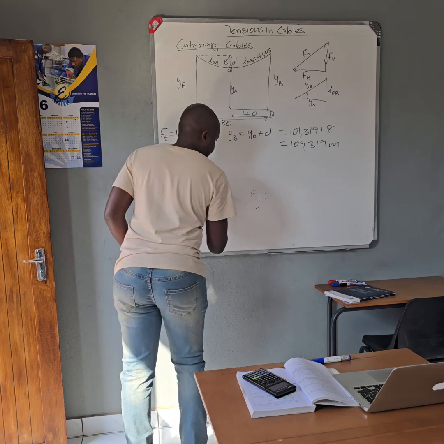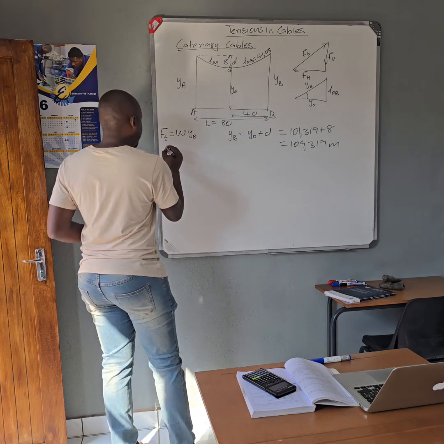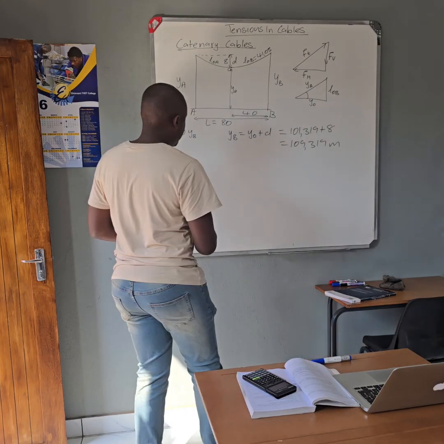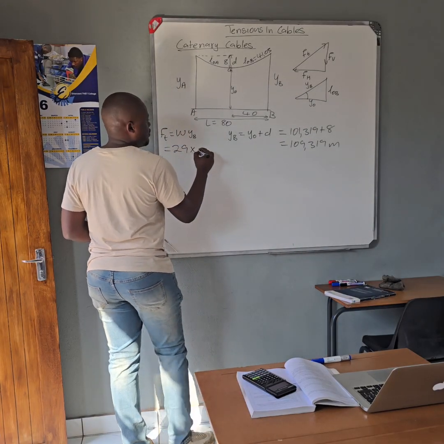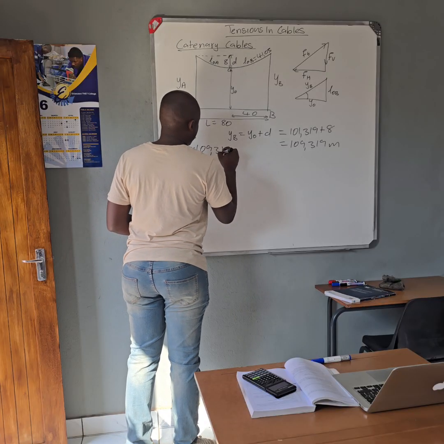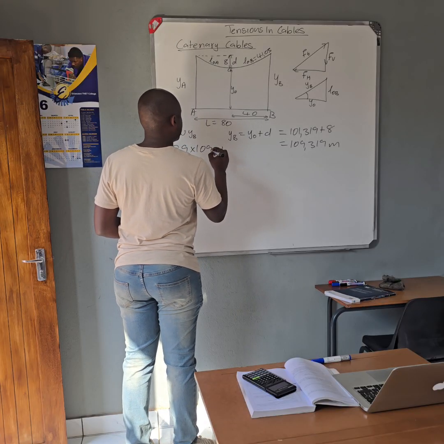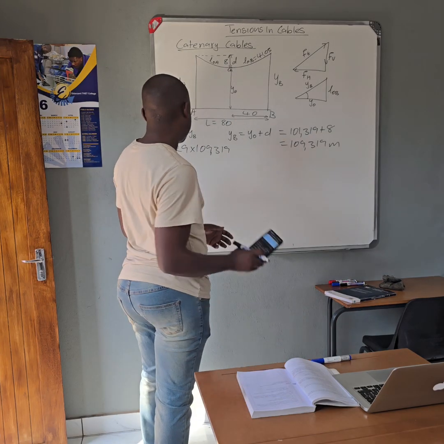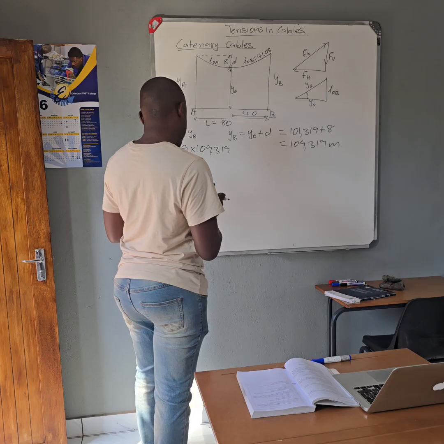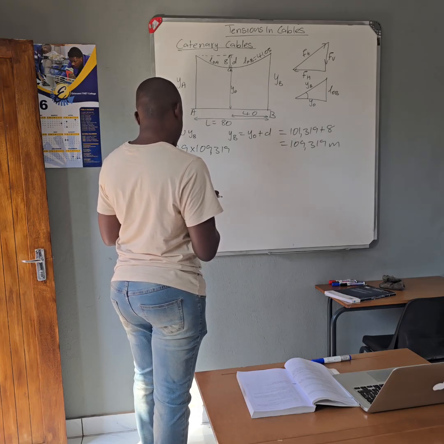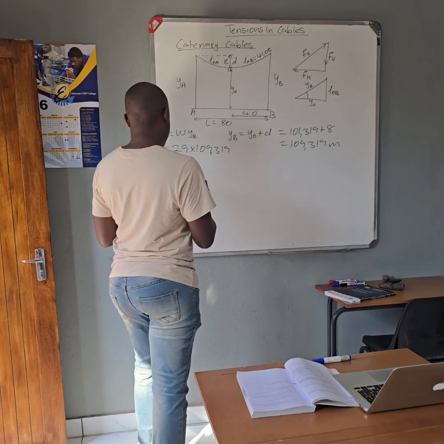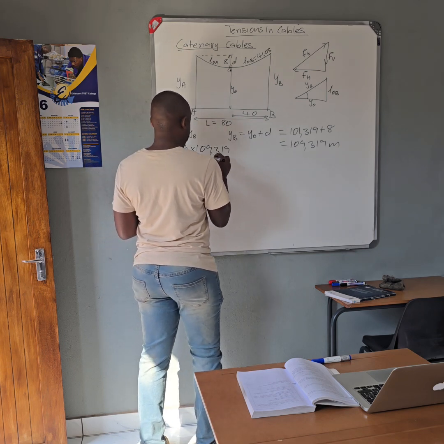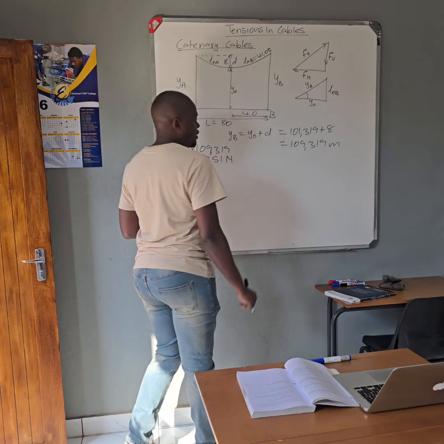Now that we have yB, we can now find Ft. So this is going to be equal to 29 multiplied by 109.319, which gives 3170.25 newtons.